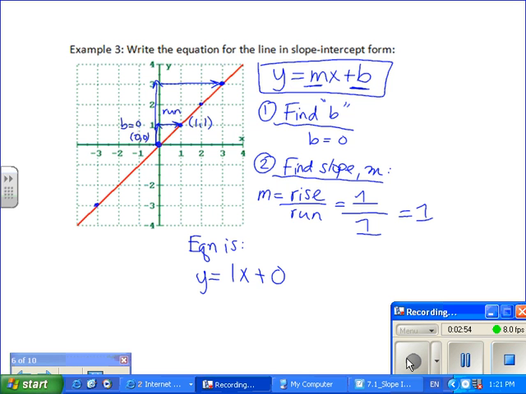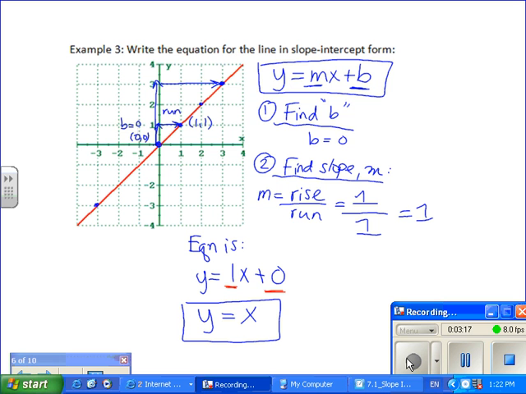This equation can be simplified. There's no need for us to write plus 0. Plus 0 is the same as plus nothing. And also we don't have to write the 1 there. So this can be simplified to y is equal to x. Okay, we can drop the plus 0 because literally it means plus nothing.